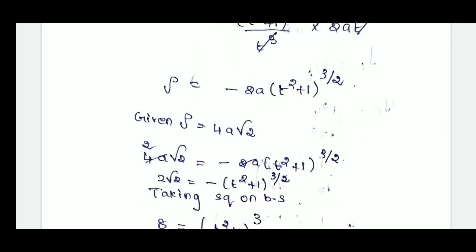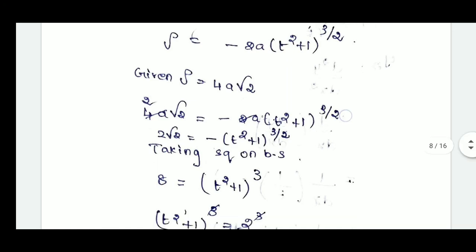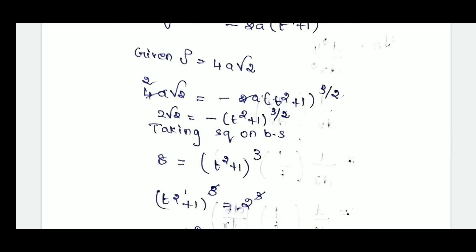In the question it is given that the radius of curvature rho equals 4a into root 2. So instead of rho we substitute: 4a into root 2 equals minus 2a into (t square plus 1) the whole raised to 3 by 2.